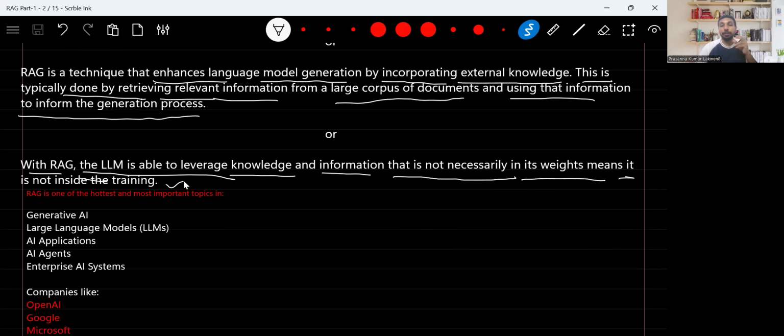But the main drawback of LLM is, even though it is not updated and doesn't know the latest information, it tries to give some answer from its memory. That answer may or may not be correct. That means the LLM will never say that it doesn't know the answer. It tries to give some information from its memory, even though it does not have the latest information.